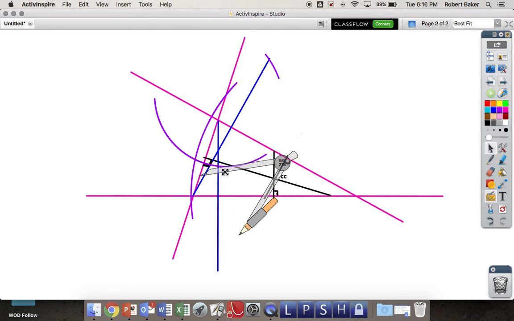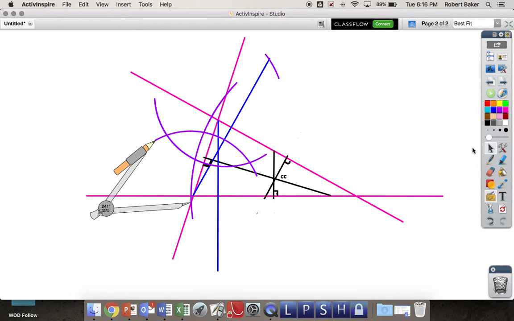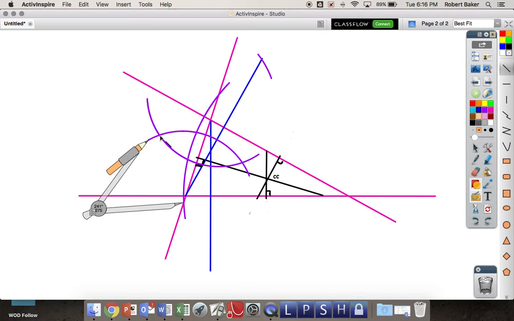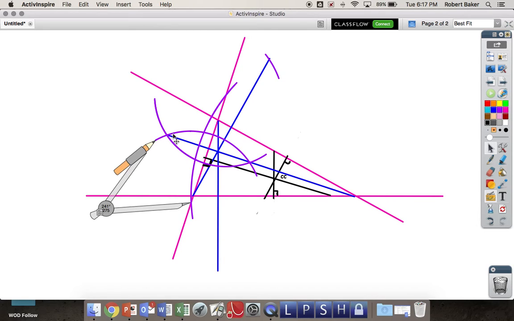Go to the other working point, which is right here, and I'm going to arc up and down. So that creates an intersection. When I connect this intersection to this intersection all the way through to the other side, I create an altitude. So my altitude goes from the opposite side through the vertex.